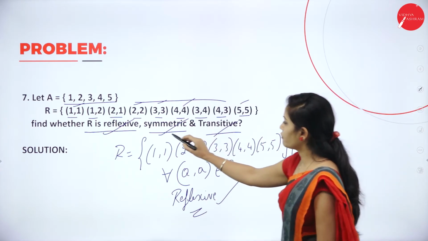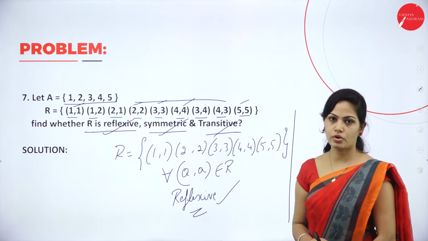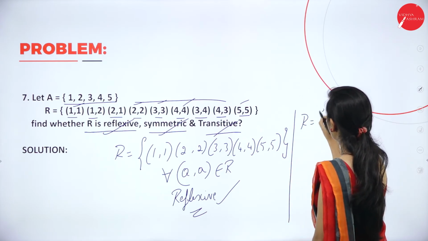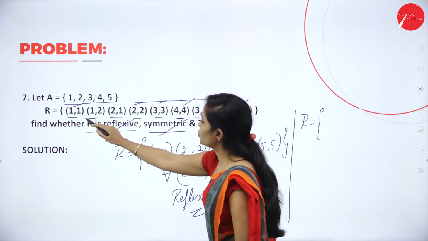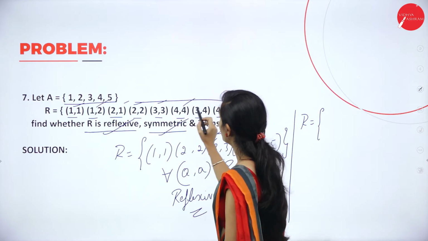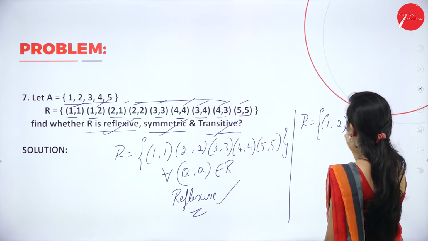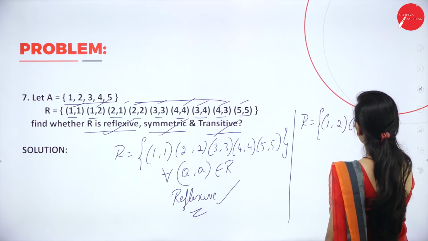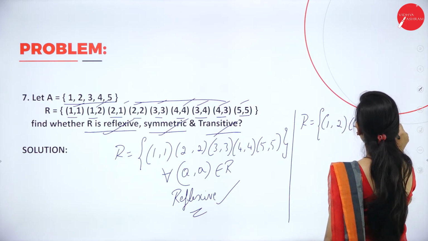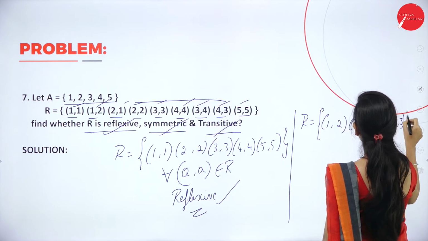And next we have to find whether it is symmetric or not. R is equal to (1,2), (2,1), (3,4), (4,3). Yes, it is there. (1,2), (2,1), (3,4) and (4,3).